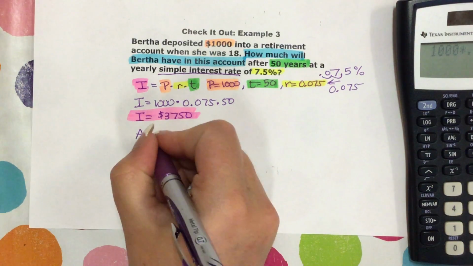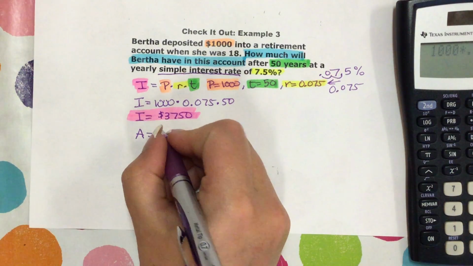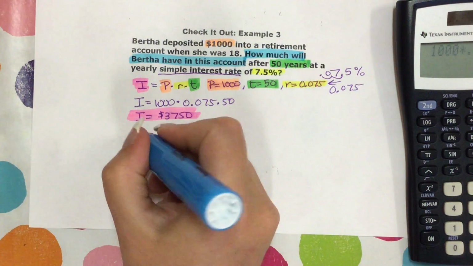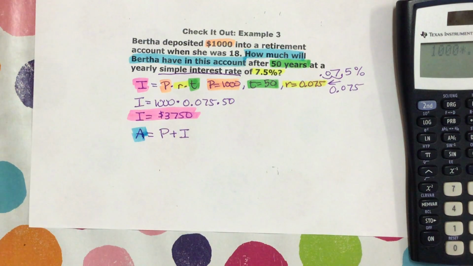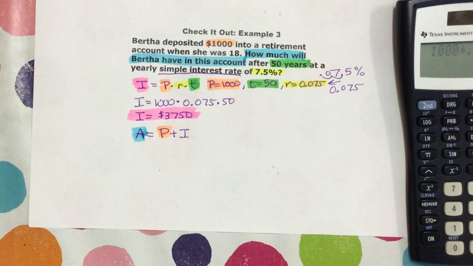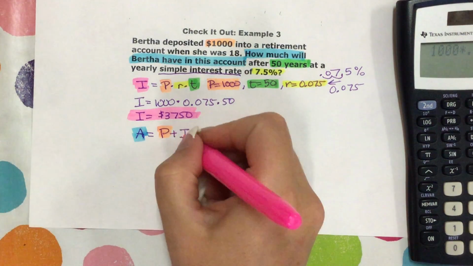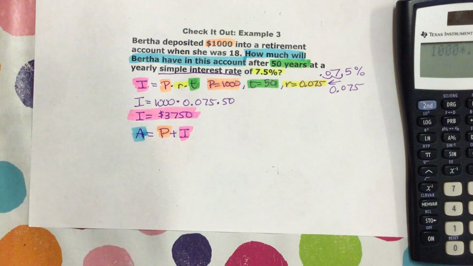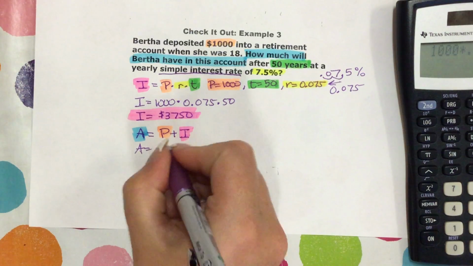And the amount is found by taking the principal plus the interest. The principal is $1,000. And then we're going to add it to the interest that was earned over 50 years, $3,750.